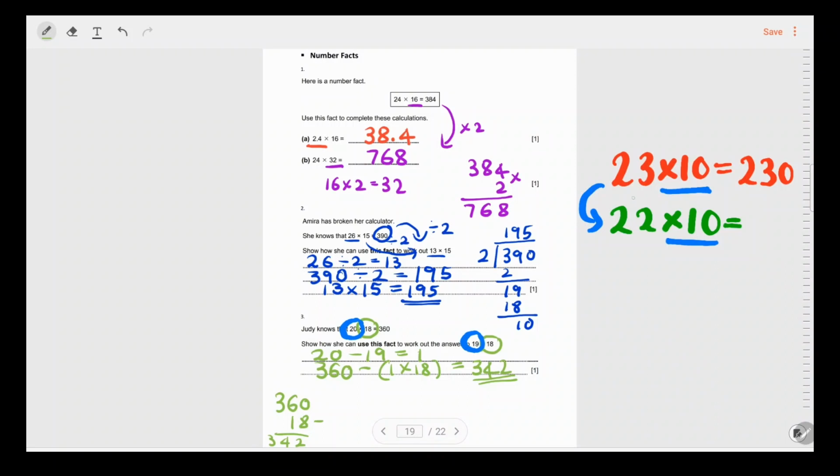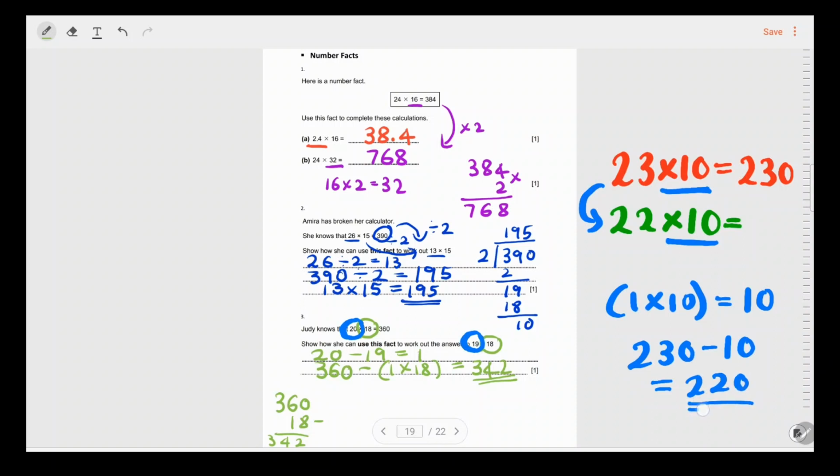Right, so it's a difference of 1, which means that it's a difference of 1 times 10, which is 10. So since it's 1 less, what we are going to do is we are going to subtract 10 from 230 in order to get our answer. So it's 220.